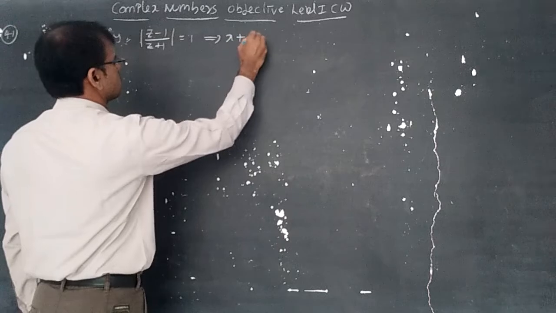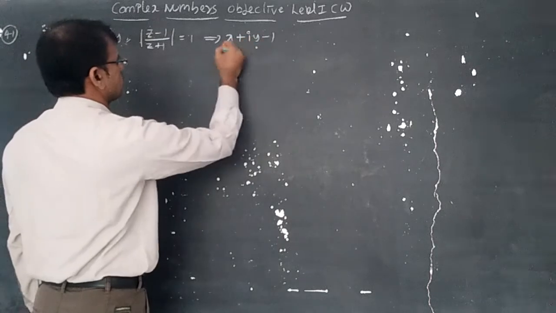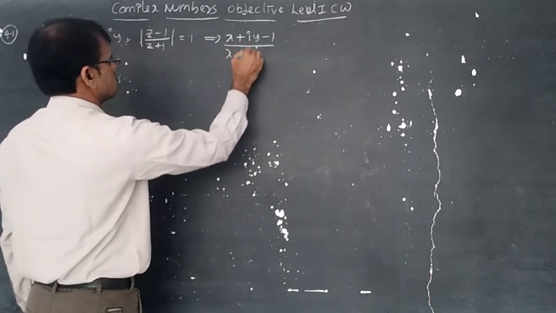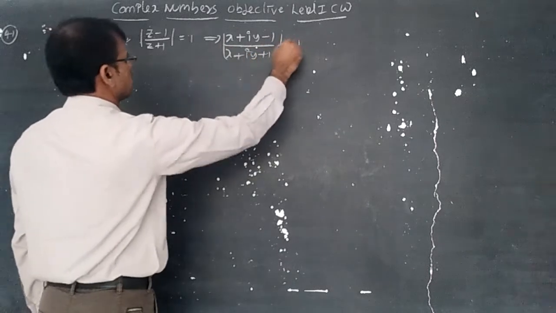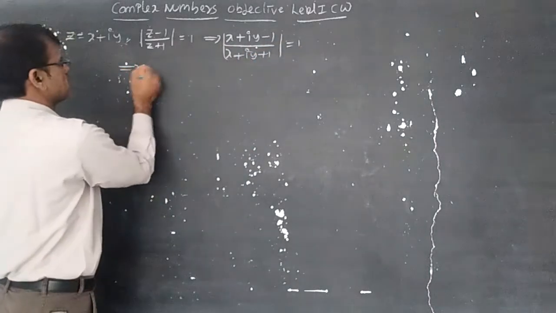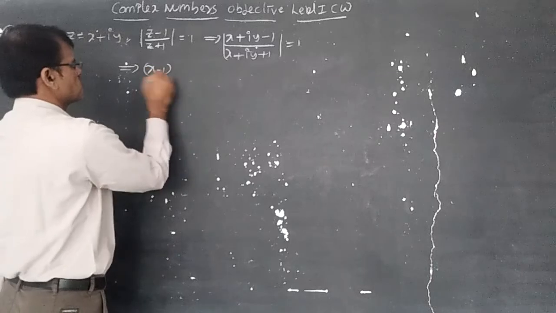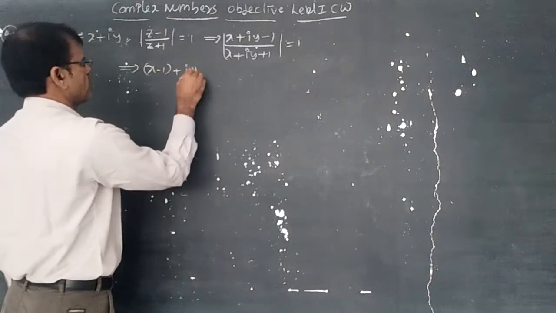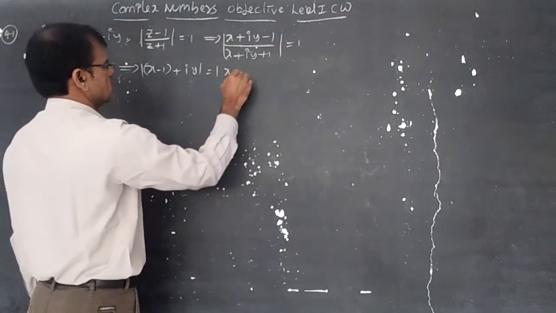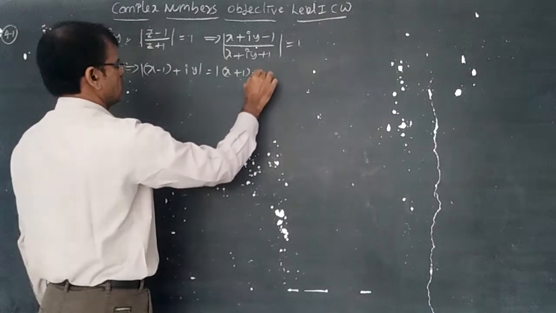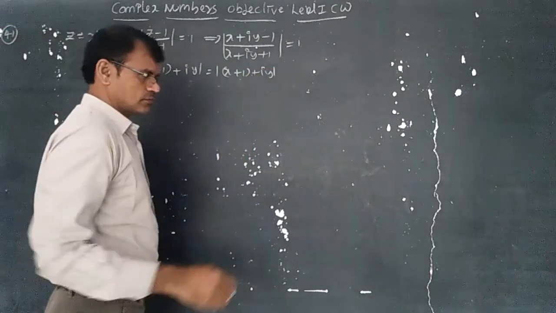Here z means x plus iy minus 1 by x plus iy plus 1, over modulus is equal to 1. That implies modulus of x minus 1 plus iy is equal to modulus of x plus 1 plus iy.